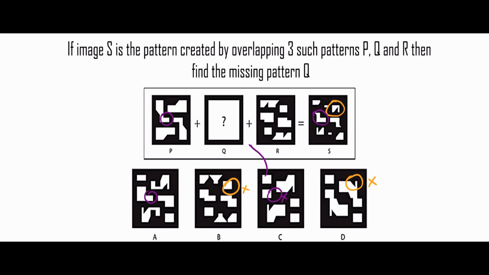But if you consider placing option C in the place of Q, the L shape would be blocked because of the black portions. If we place option A in the place of Q, that L shape would be maintained in the final image. So A is the right answer.